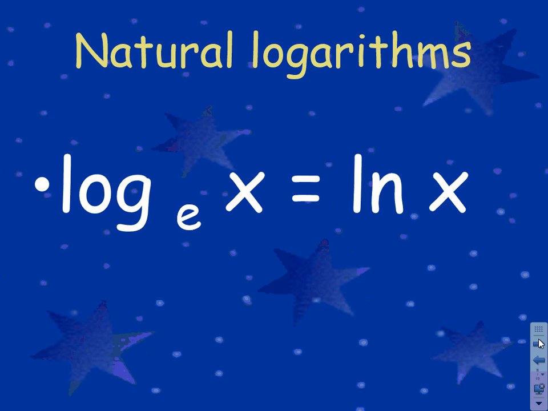So what you have to think of is when I rewrite this with that E, you're never going to see log base E of X. You're always going to see natural log of X. Technically there is an E right there.